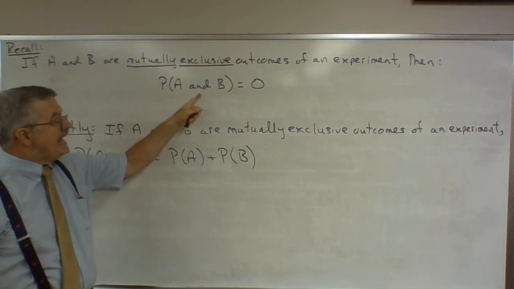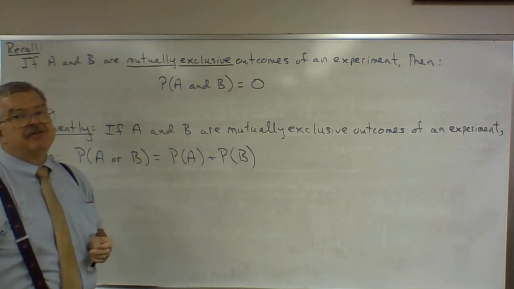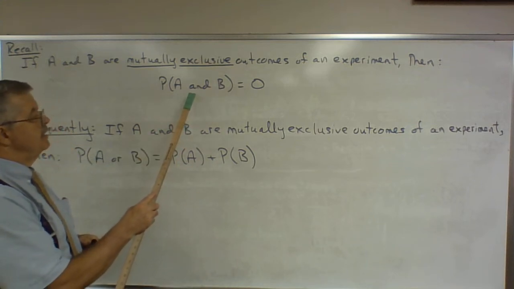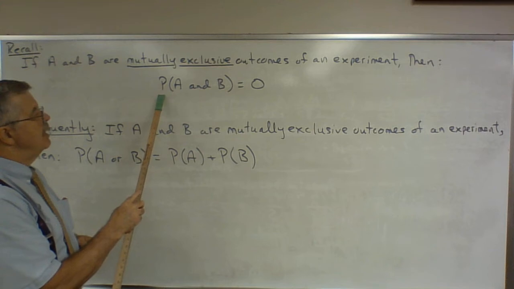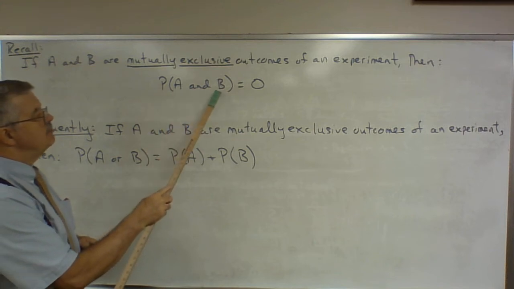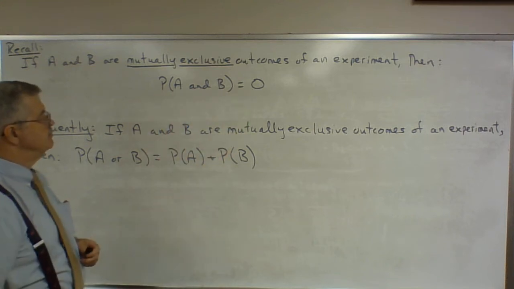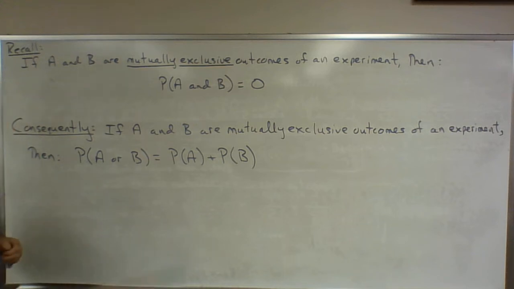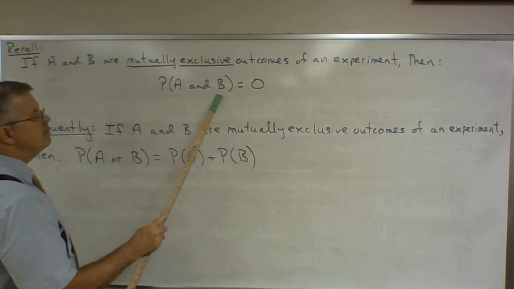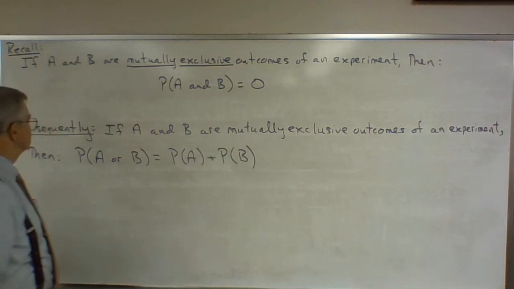So A and B can't both occur at the same time. It's an impossibility. The probability of A occurring and B occurring is 0. So again, if A and B are mutually exclusive outcomes, then the probability of A and B is 0.